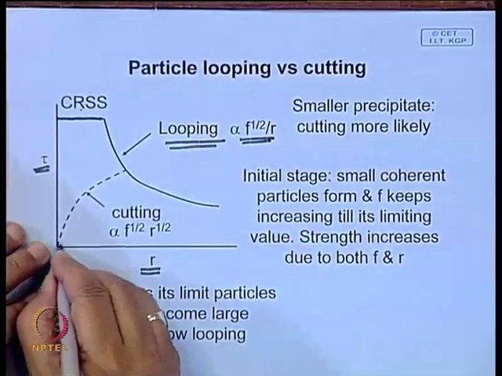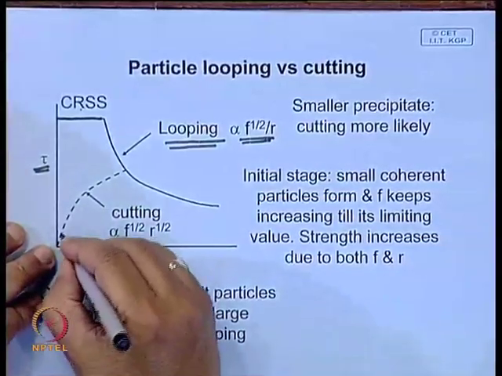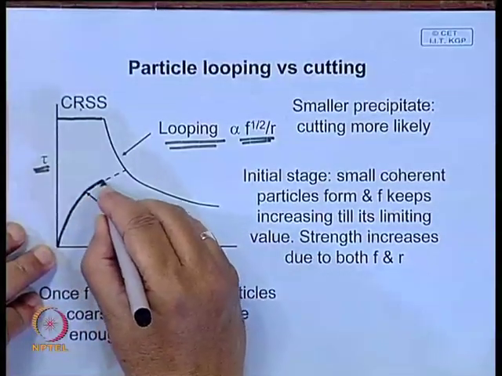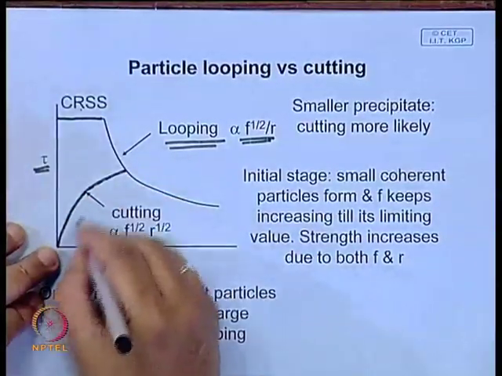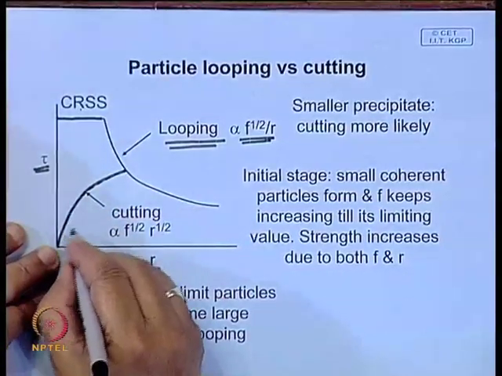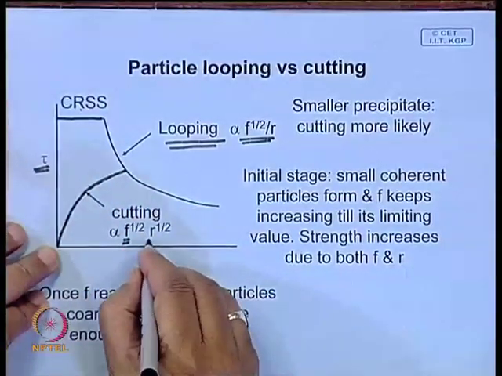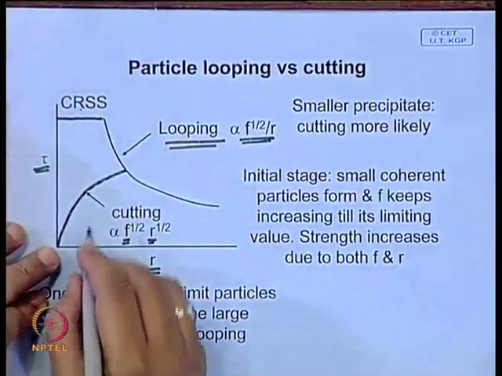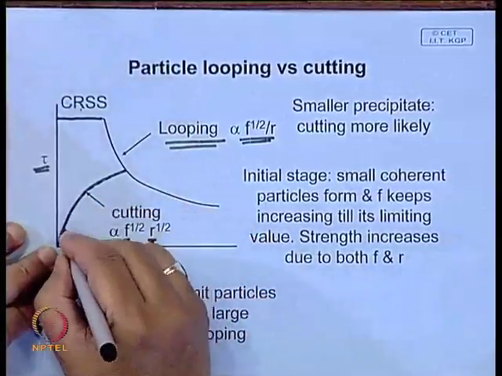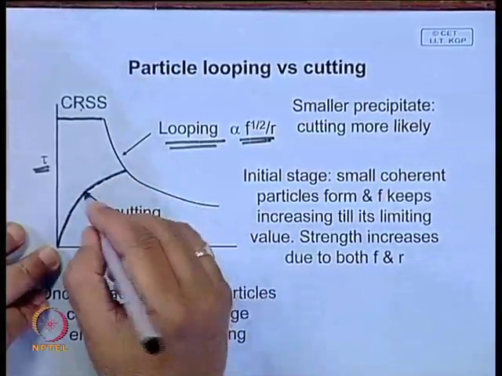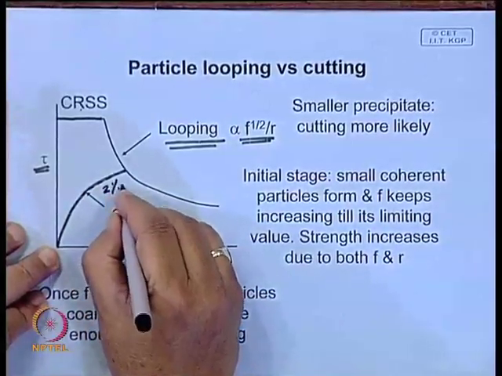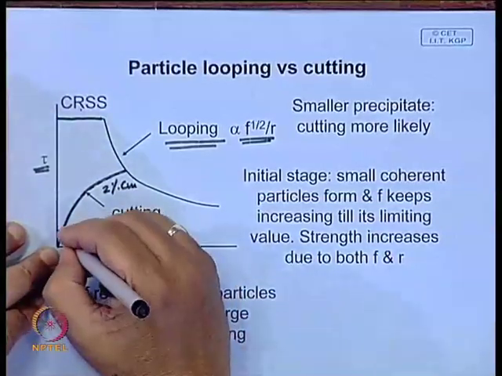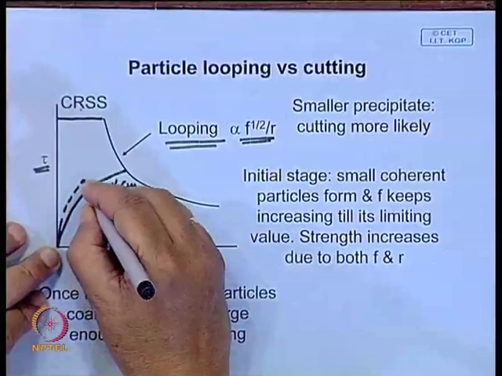Initially some amount of precipitate will form and this will follow this plot. This is the precipitation stage or the aging process, so the volume fraction as well as r keep increasing. This is for a particular alloy composition, say 2% copper. If you increase the copper, you will have more volume fraction, and in that case this may follow a plot like this.